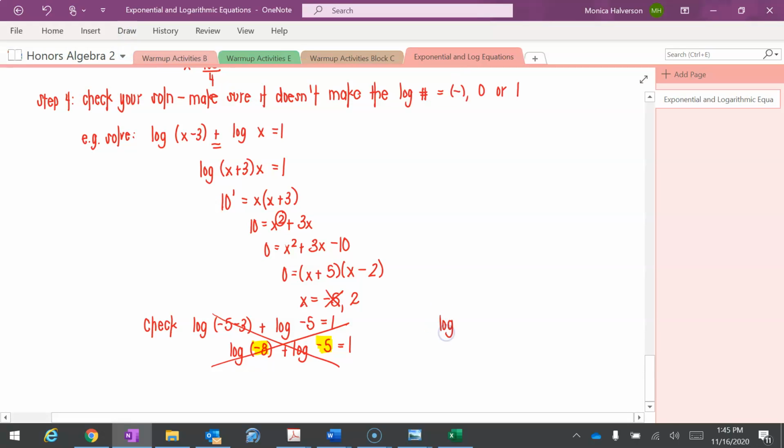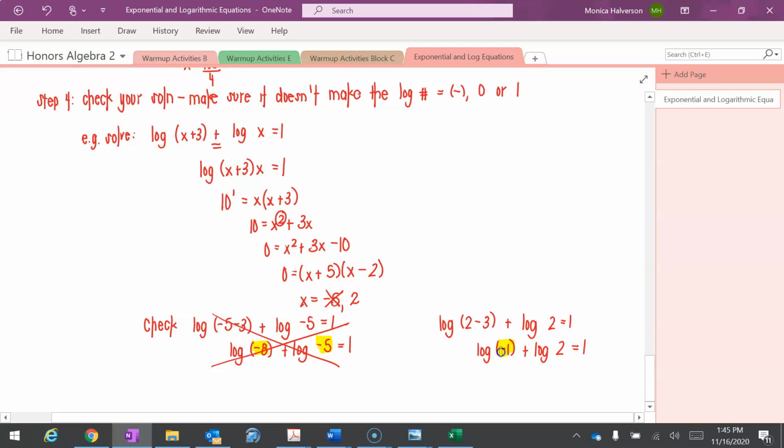All right, let's try 2. Log of 2 minus 3 plus log of 2 equals 1. Well, when we get this one, we get log of negative 1 plus log of 2 equals 1.